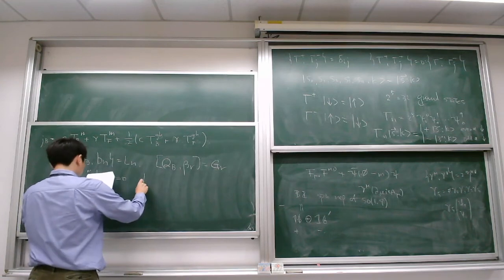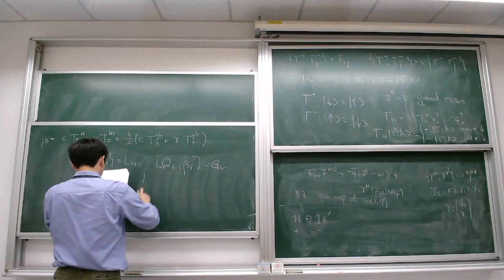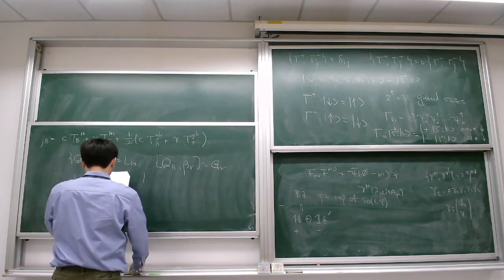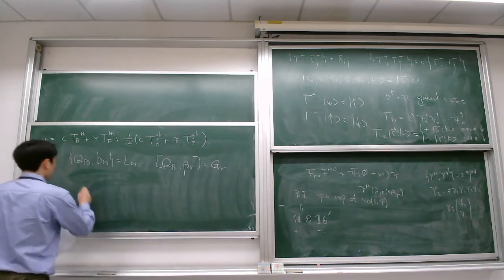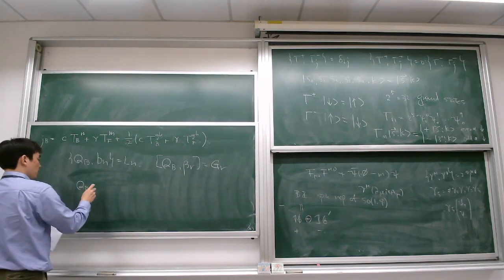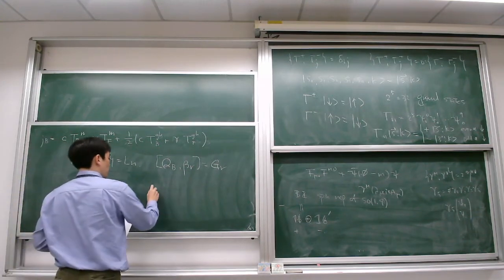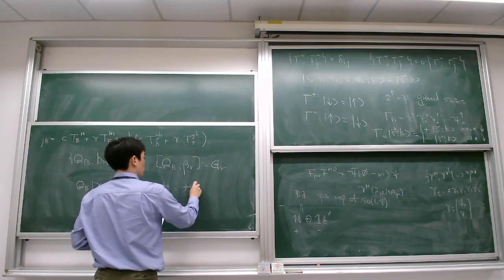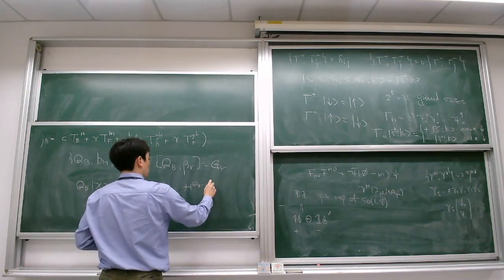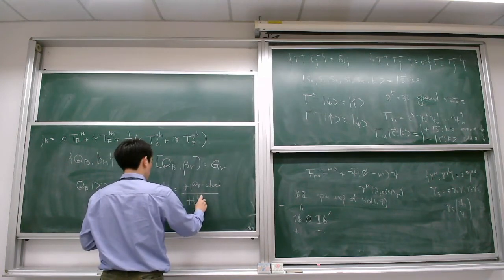So Q_B has to annihilate the physical state. The physical state again requires imposing Q_B closed, modulo Q_B exact.